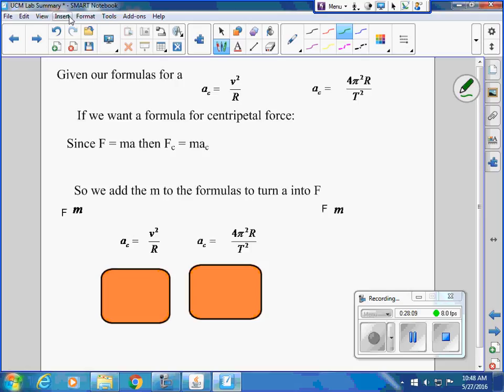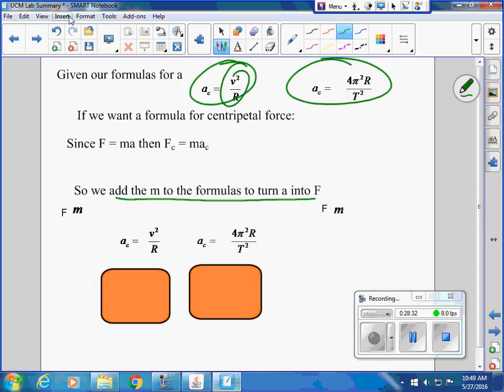So, given our two formulas that you need to know, if we want a formula for centripetal force, and quite often we do, since F equals ma, centripetal force is equal to m times centripetal acceleration. So all we do is add m to the formulas. Take this value and plug it into there, and that value and plug it into there.